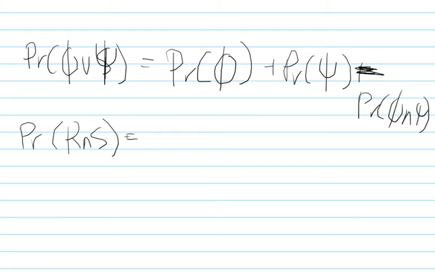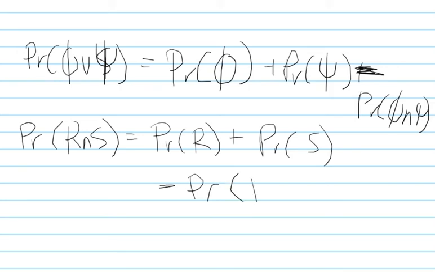And then what we get is as follows. That we get that the probability of R and S equals the probability of R plus the probability of S minus the probability of R or S.